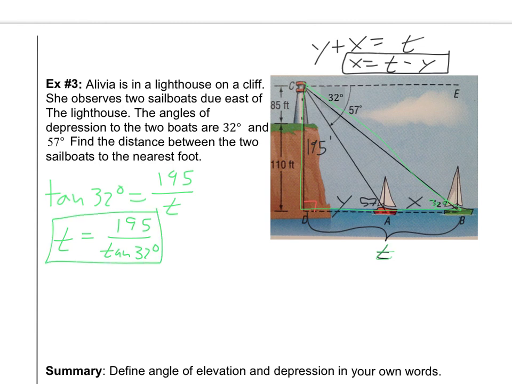I'm going to get a decimal for that, but I'm going to wait, because at the end of the problem I'm going to do t minus y. I don't want to write down a rounded number, then write down something else rounded, and then get another answer that's even more rounded. I want to be as exact as possible. So I'm going to plug this into my calculator at the very end.